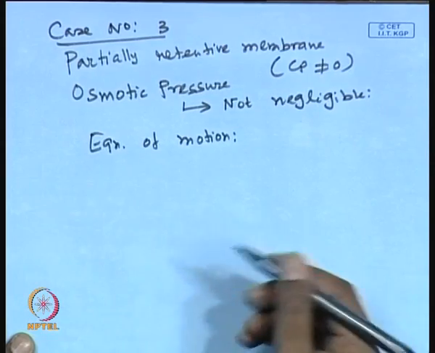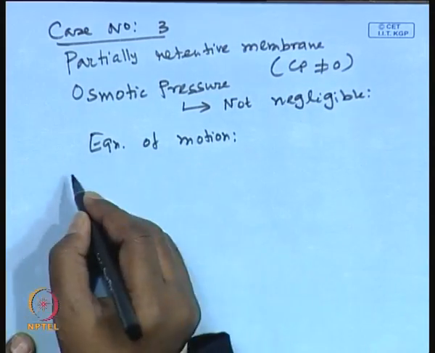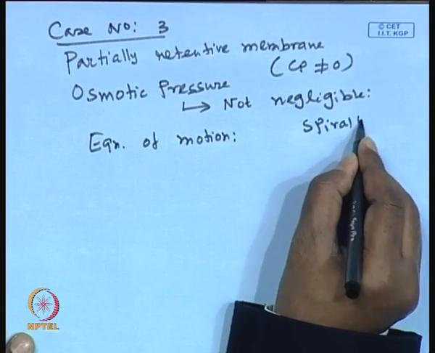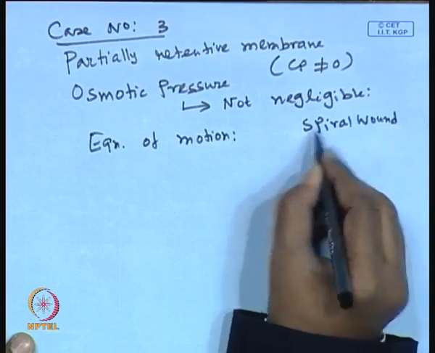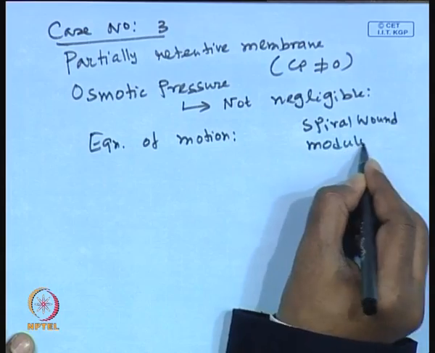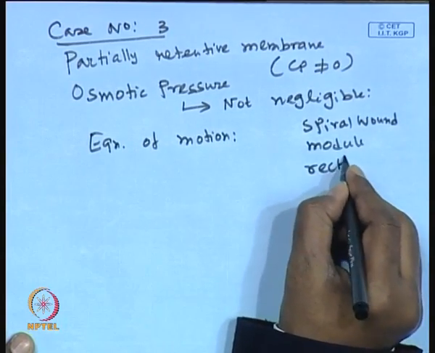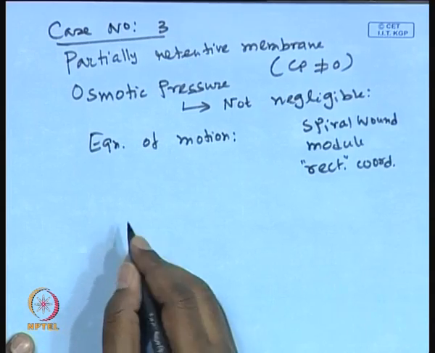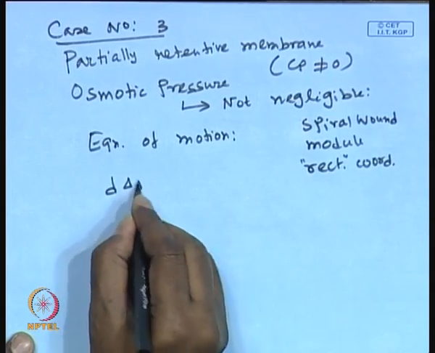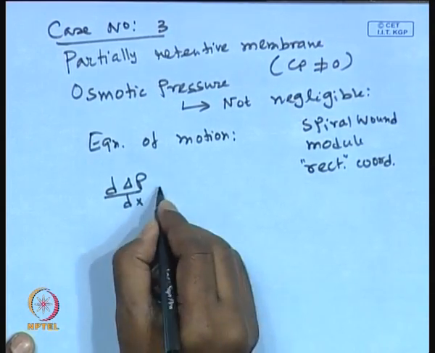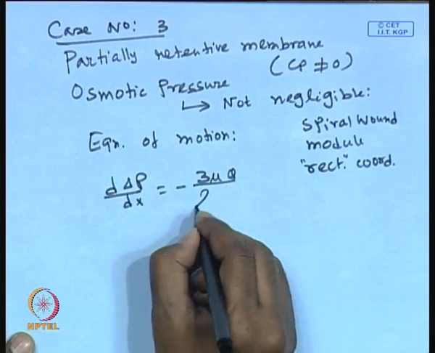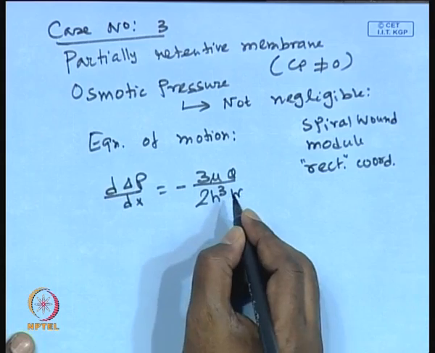Let us do it in a spiral wound module. Okay. The first thing we are going to do for the spiral wound module, rectangular coordinate. Okay. d delta P/dx becomes minus 3 mu q divided by 2 h cube by w. Okay.